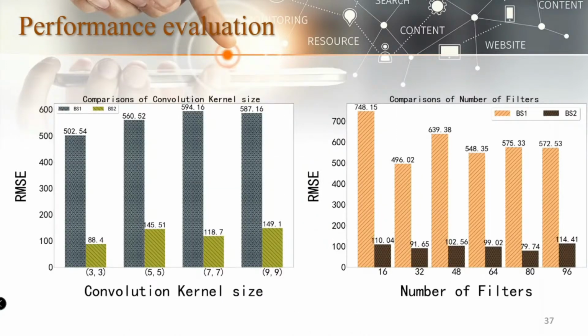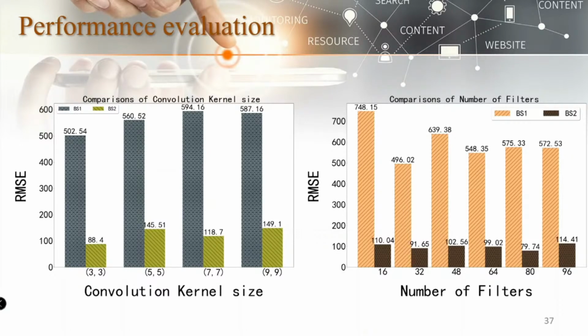The right figure shows the comparison of the number of filters from 16 to 96. The left figure shows the comparison of convolution kernel size from 3 times 3 to 9 times 9. For the traditional convolution layer, the number of filters and the kernel size are positively correlated with the features that can be captured.